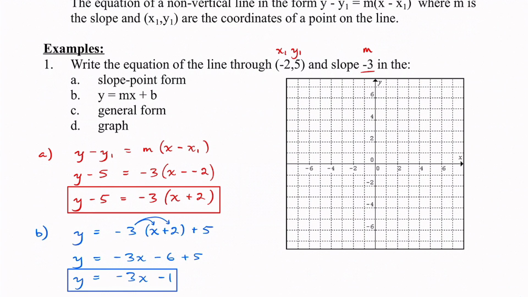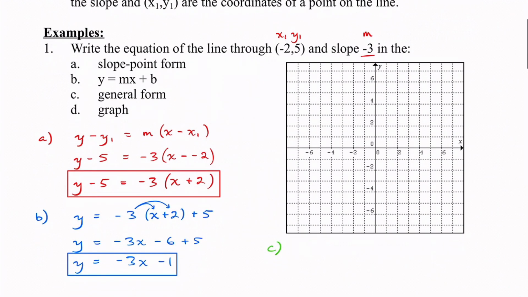Part C now is general form, so I'm going to do that over here. General form was everything all on one side lined up nicely, just like the general in the army. So I'm going to move everything over to this side, over with the y, so that everything is on one side. And when I move it over, that's going to make my x positive, which is what I want.